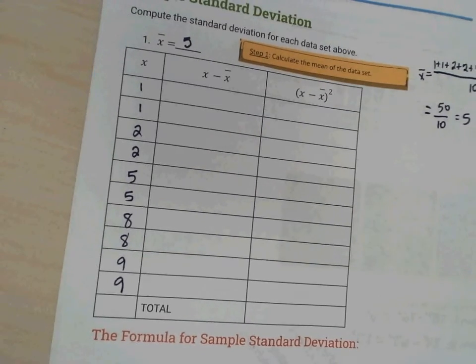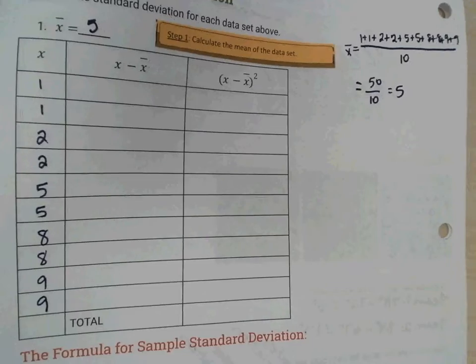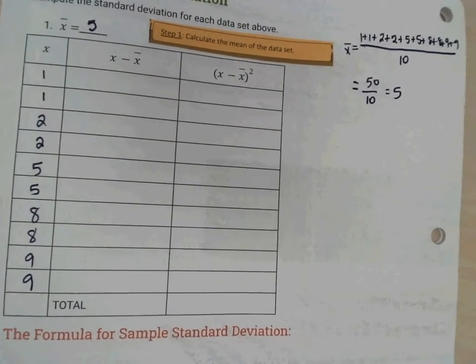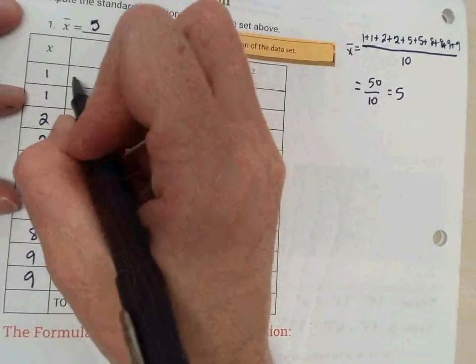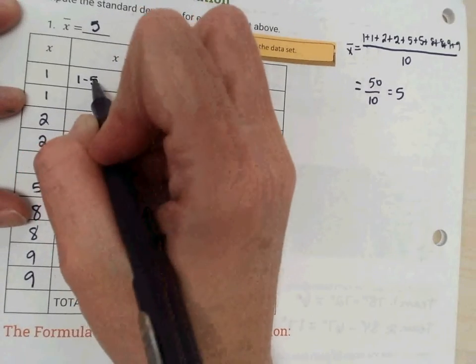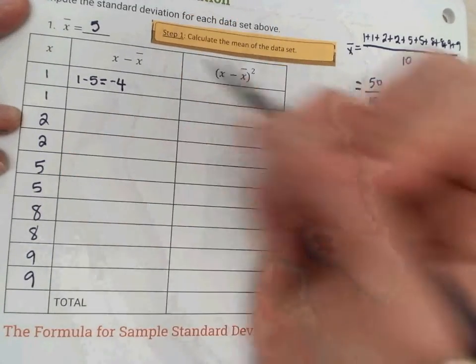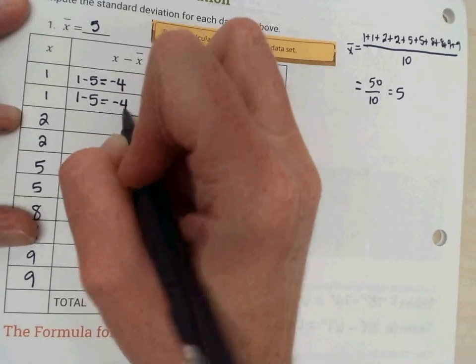The next step is to subtract each of our observations minus the mean. So we're going to go down and do 1 minus 5, which is negative 4. This is that part where I said, hey, this is a tough process.